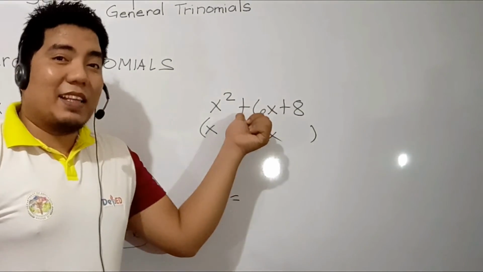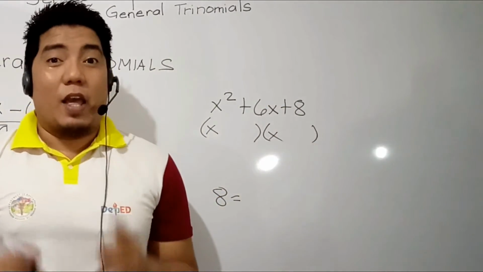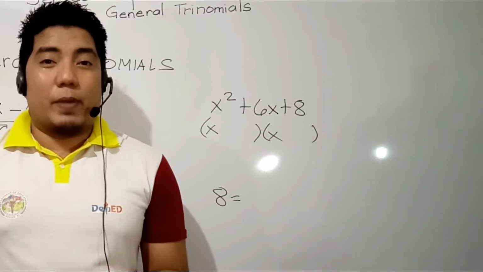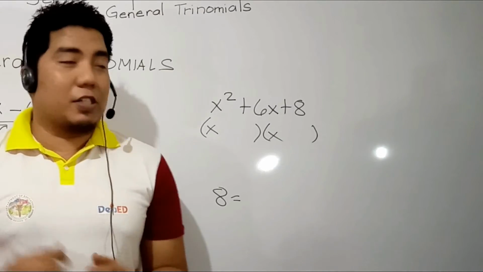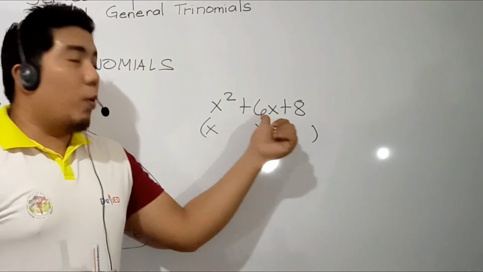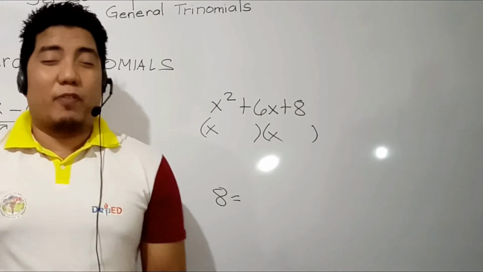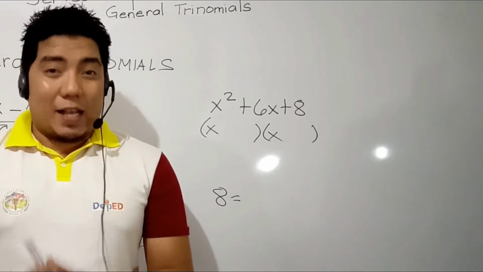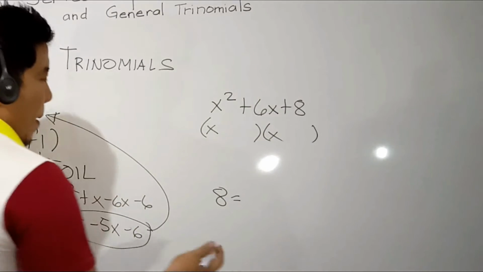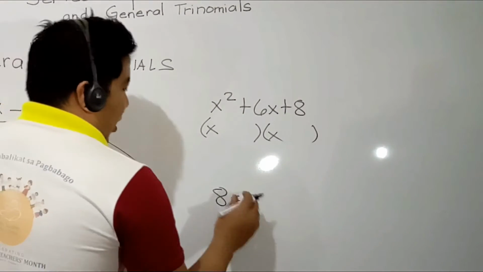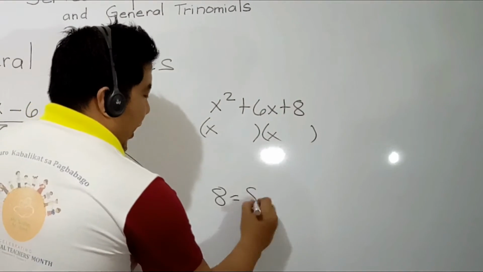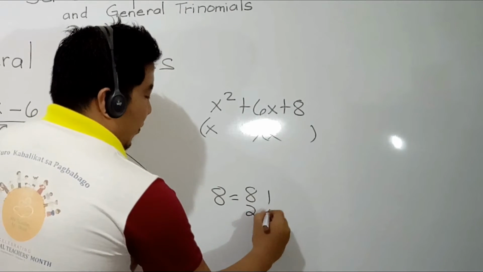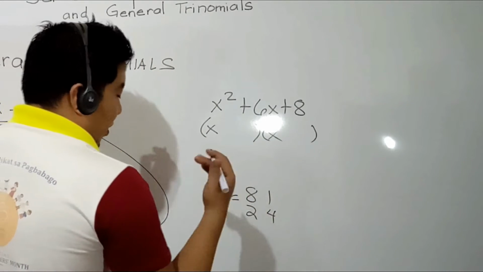If this is negative and then this is positive, then use negative pairs and do not consider positive pairs. Now, as we can see, our middle term is positive. Therefore, we'll just consider positive pairs. Okay. Positive pairs of factors for 8 are 8 and 1, 2 and positive 4. And is there anything else? Okay, none.